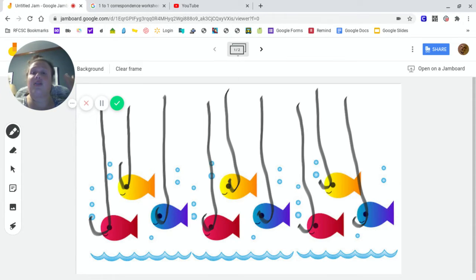Okay, so we know that we have a total of 9 fish in the little tank that I am fishing from. And I was wondering how many hooks I'm going to need to catch all the fish. So I've got my hook and, of course, my little line. How many hooks and lines do you think I needed to catch all the fish?